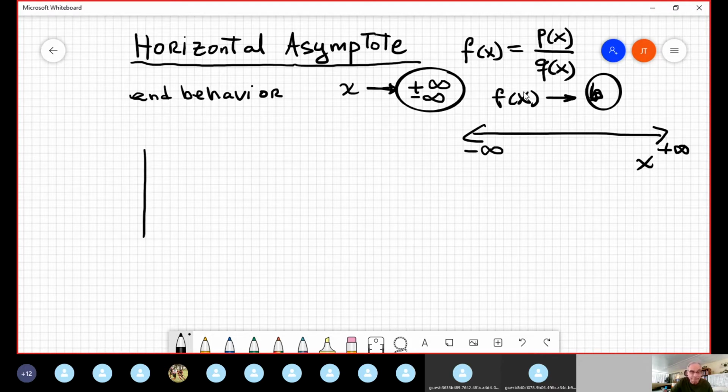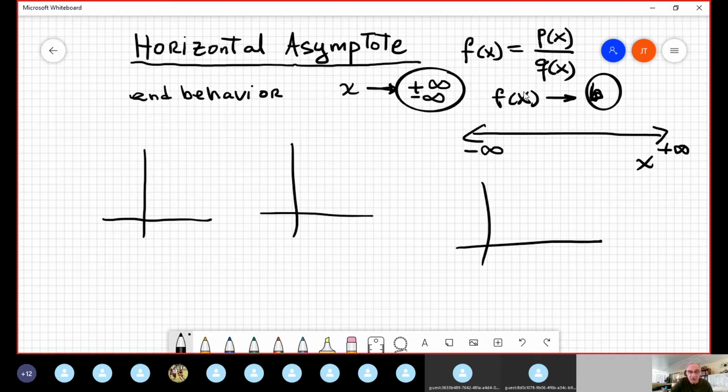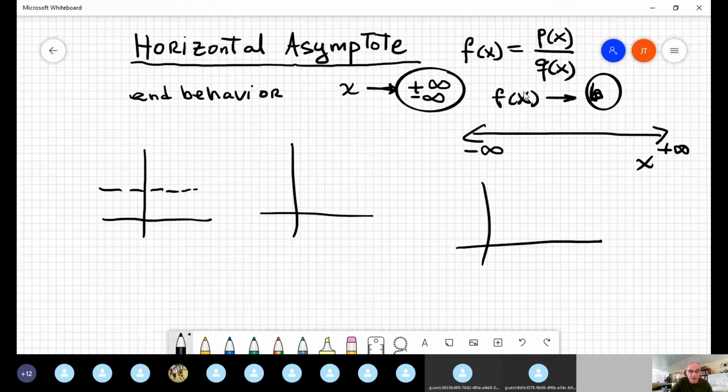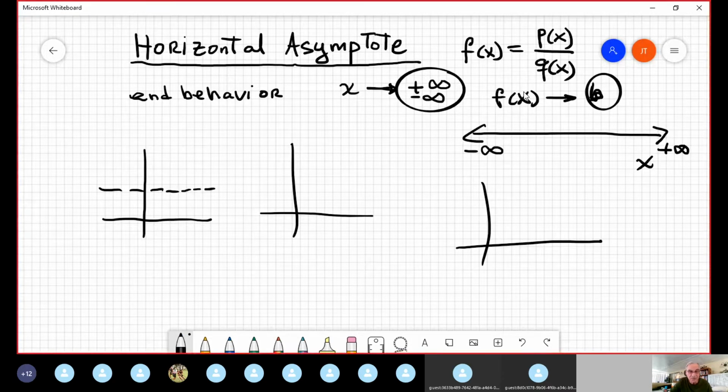Okay, one rough sketch to understand horizontal asymptote. Suppose we have a curve like that. Okay, wait. This is the horizontal asymptote. Normally the asymptote is an auxiliary line that we normally draw using a dotted line. Suppose this is one example.